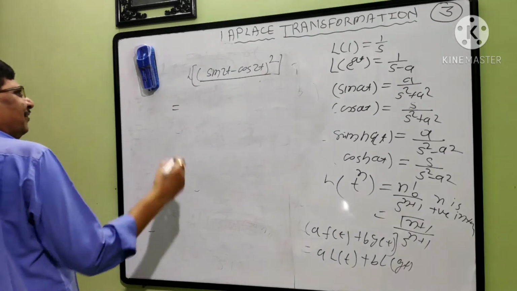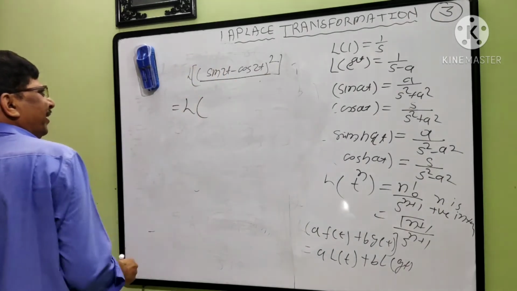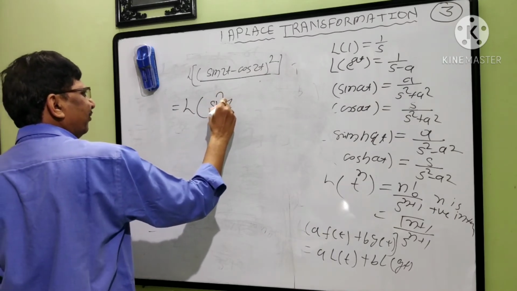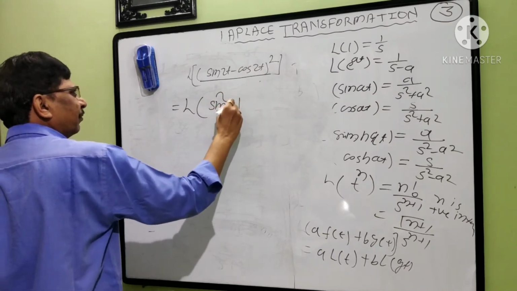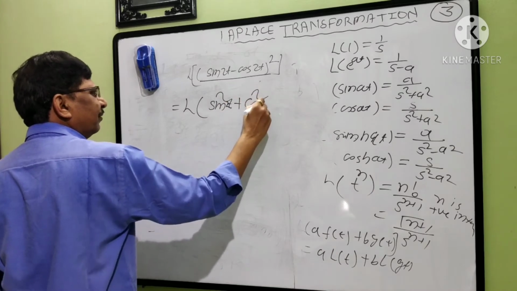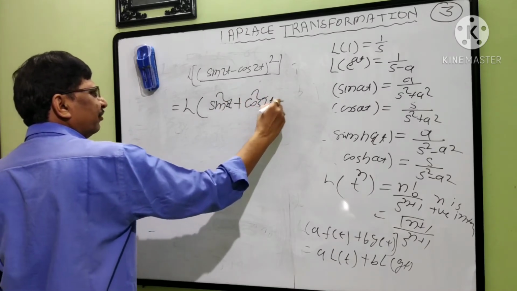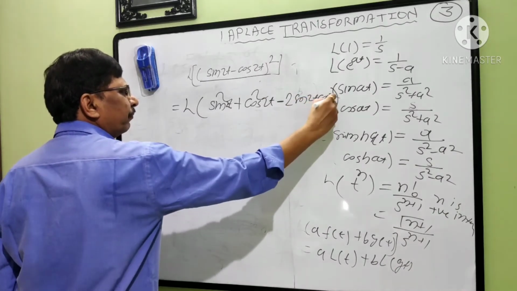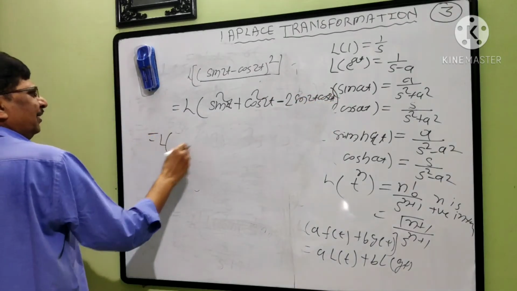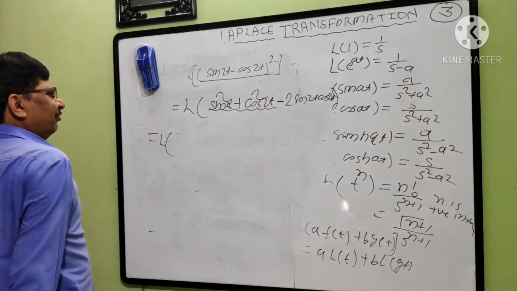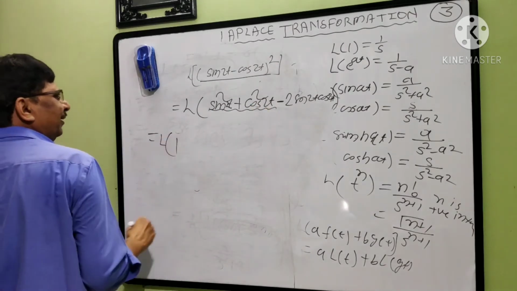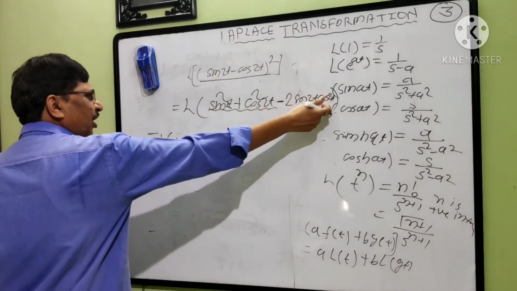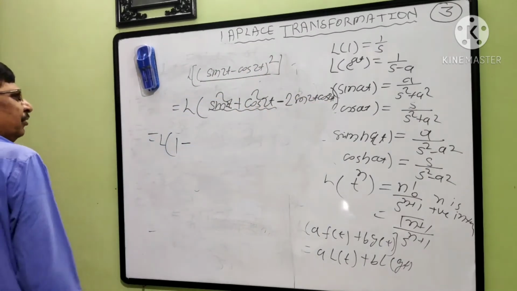Now as there is a square, what can we do? Just expand it: (a minus b) whole square is a square plus b square minus 2ab, so sin square 2t plus cos square 2t minus 2 sin 2t cos 2t. Simplifying, sin square 2t plus cos square 2t is 1, since sin square theta plus cos square theta is 1, and 2 sin theta cos theta is the formula for sin 2 theta.